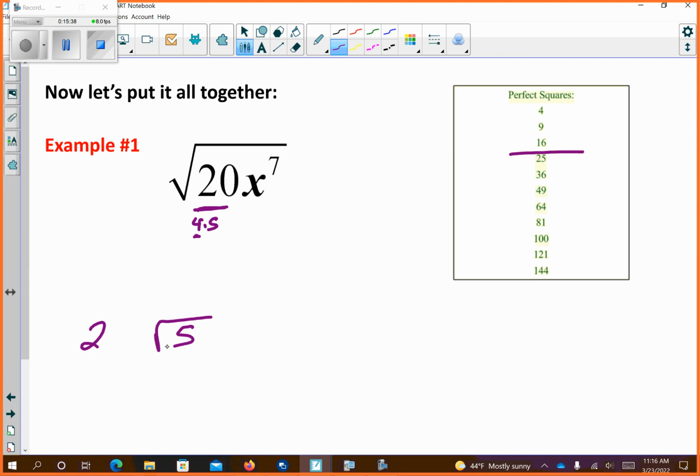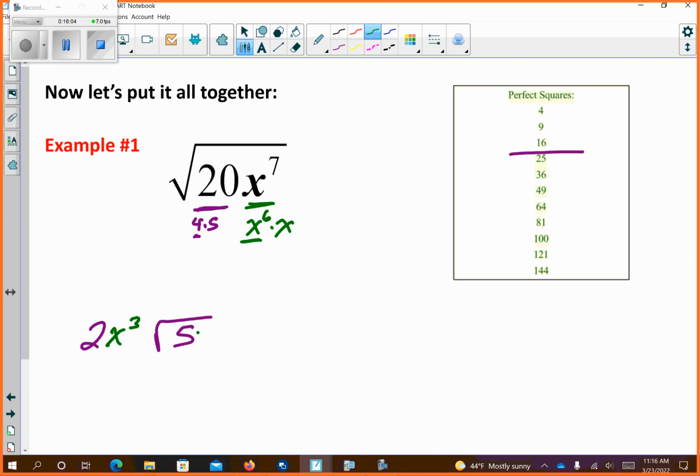Everyone follow the magic? Now, x to the 7th power. 7 is not even. So what should we break x to the 7th down to? X to the 6th and x to the 1. Right. Like that. Good. All right. So what is the square root of x to the 6th? X to the 3rd.